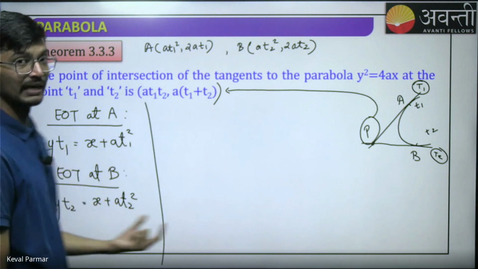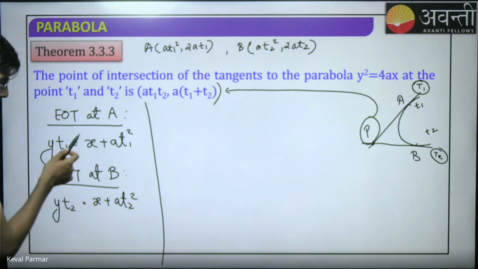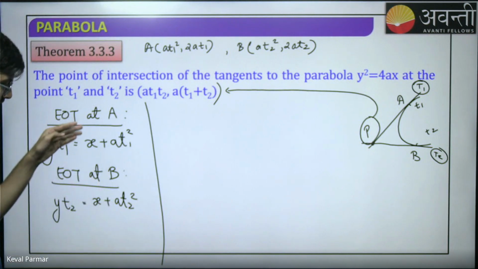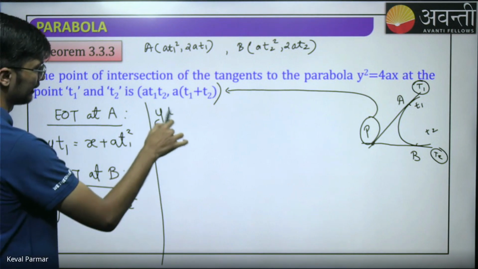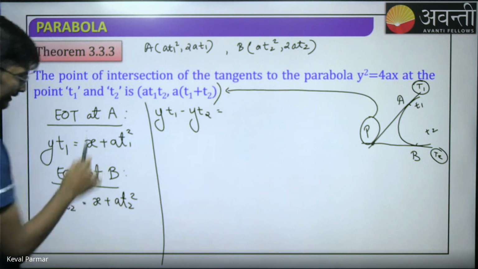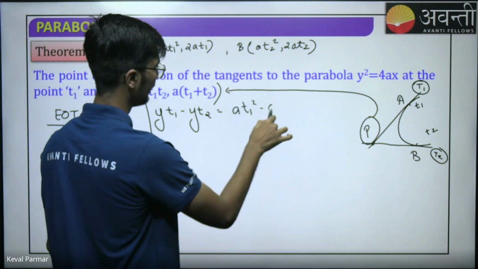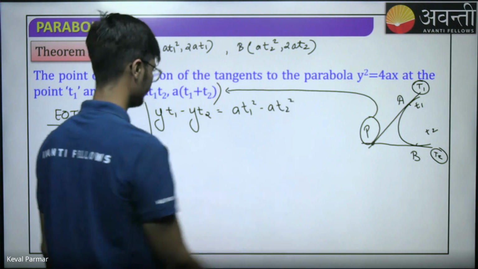If we want to solve simultaneously, we'll subtract, then x will get cancelled. So if I subtract this A minus B, what I'll get? y t1 minus y t2 is equal to x, and x will get cancelled, a t1 square minus a t2 square.